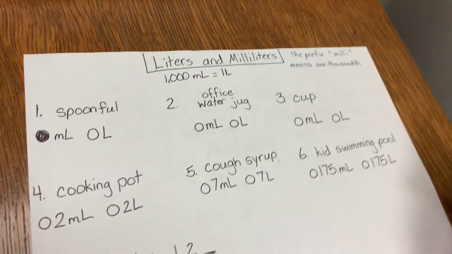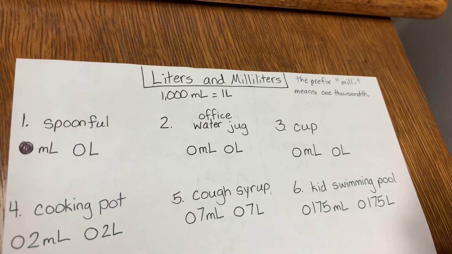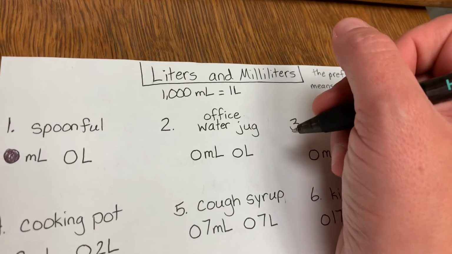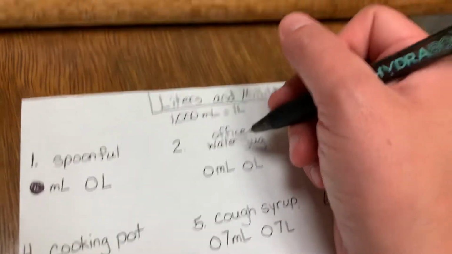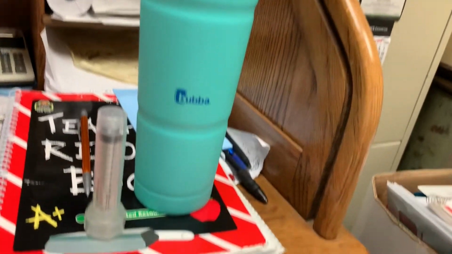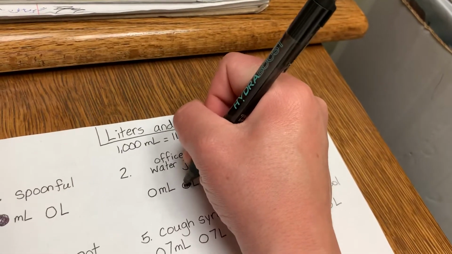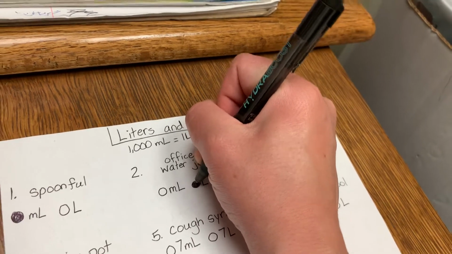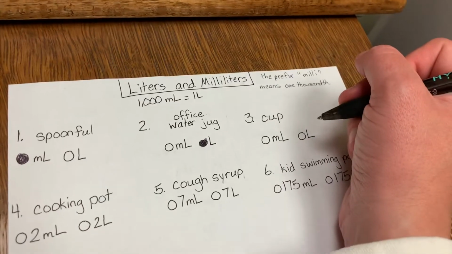Okay. Number 2 says an office water jug. So those big water jugs that you find in an office that you can fill a water cup with. Out of those two things, I'm going to use the liter because the water jugs are pretty big. So I'm going to fill in the circle next to liter. Number 3, a regular cup.